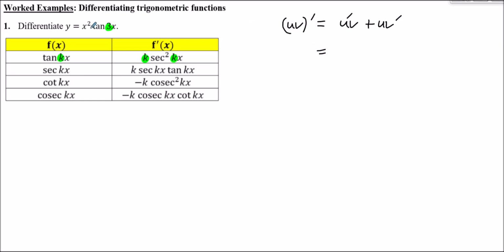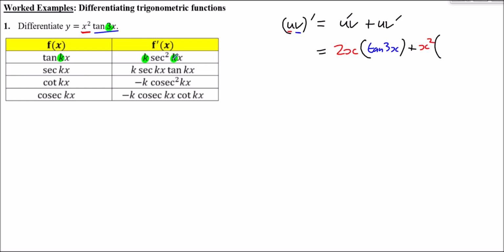What I'd suggest is u can be the first product, which is the x squared, and v can be tan 3x. So here, if I differentiate u, differentiate x squared, that's going to give me 2x. If I then multiply that by v, which is just tan 3x, then plus the function u, which is, of course, x squared, multiplied by the derivative of tan 3x.